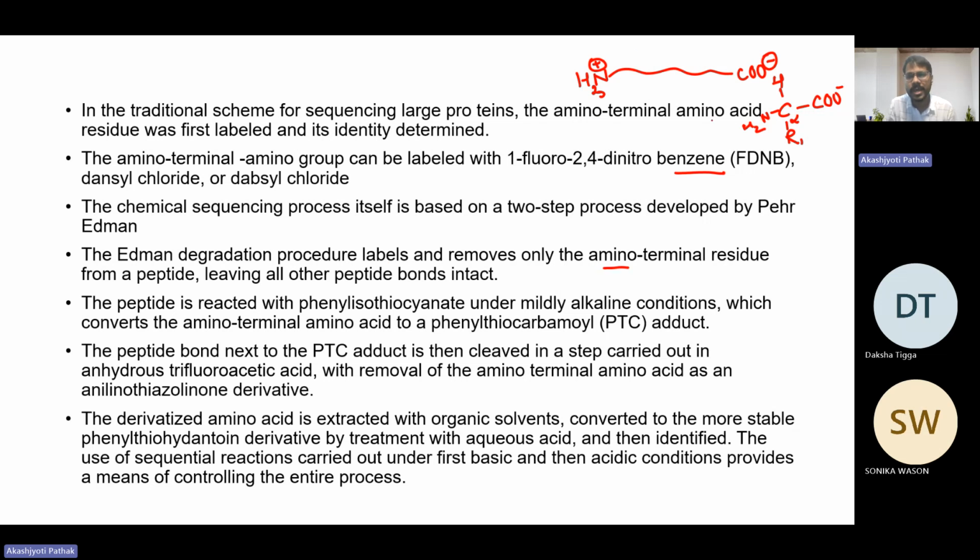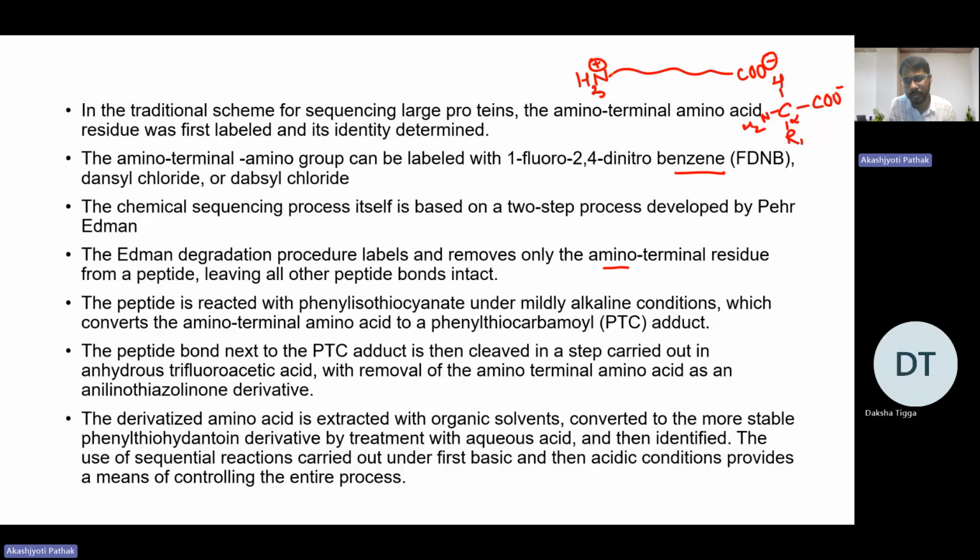So this compound FDNB reacts with the N-terminal amino acid residue. The N-terminal amino acid residue is the first amino acid residue of a protein. The first amino acid residue of the protein will have a free amino terminal, and this amino terminal will react with the FDNB and form a compound.